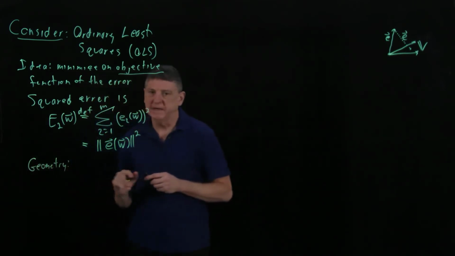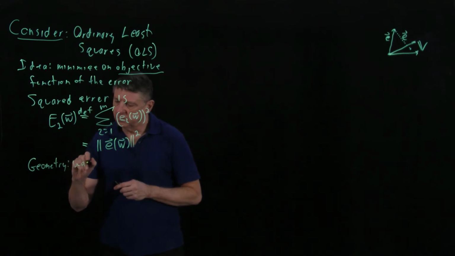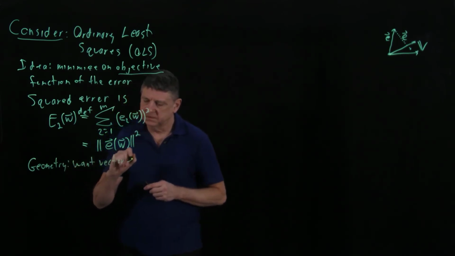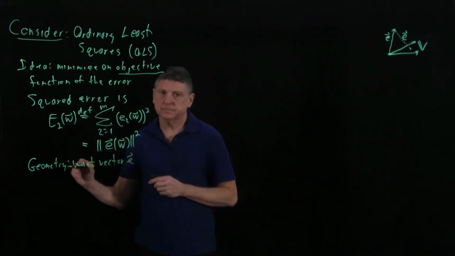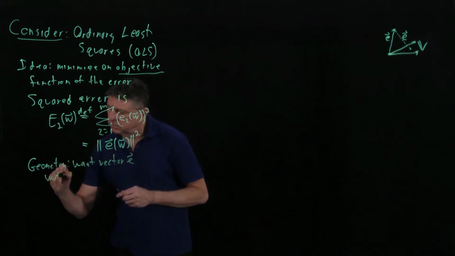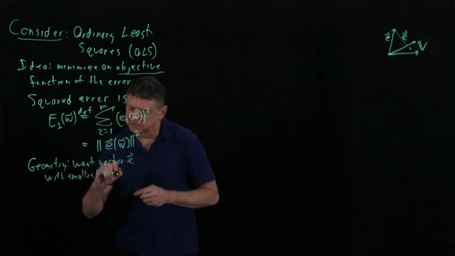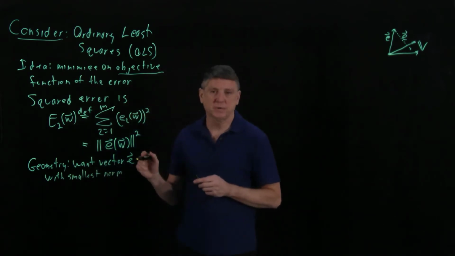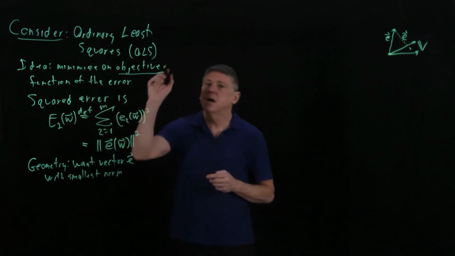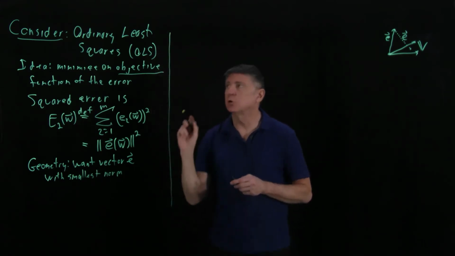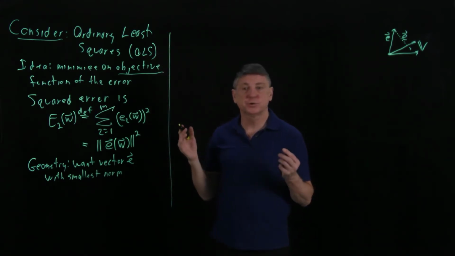So the geometry is that we want a vector E with the smallest norm. Strictly speaking, the smallest squared norm, because that's how it all works. The reason it's called ordinary least squares is for two reasons.